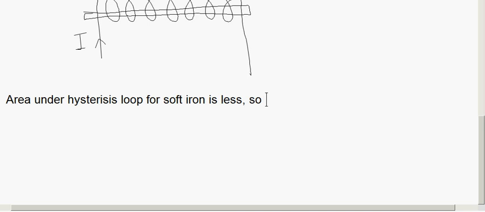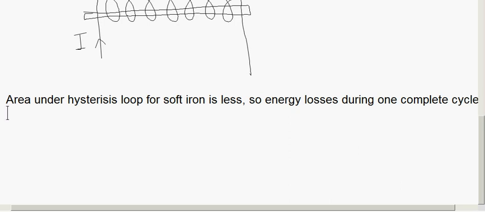So energy losses during one complete cycle of magnetization will be less when you use soft iron. Area under the hysteresis loop for soft iron is less, so energy losses during one complete cycle are also less in case you use soft iron.